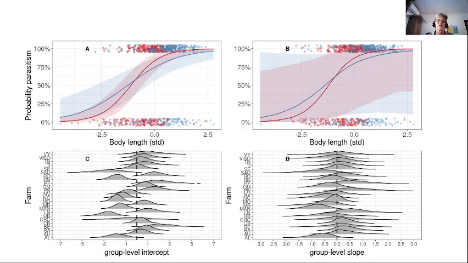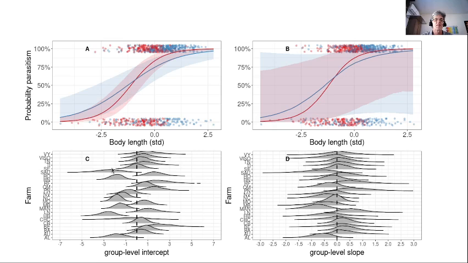We can obtain the conditional curves with only the population level effects, and with both the population level and the group level effects, which is why these bands are much wider in plot B than in plot A. And here I simply show, among the many interesting features of the output obtained in the Bayesian fitting of a GLMM, the posterior distributions for the group level intercepts and for the group level slopes.